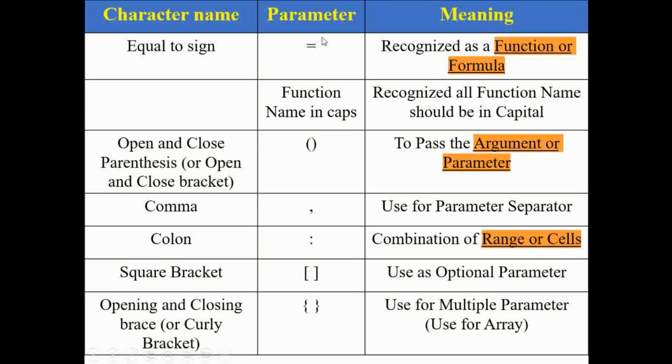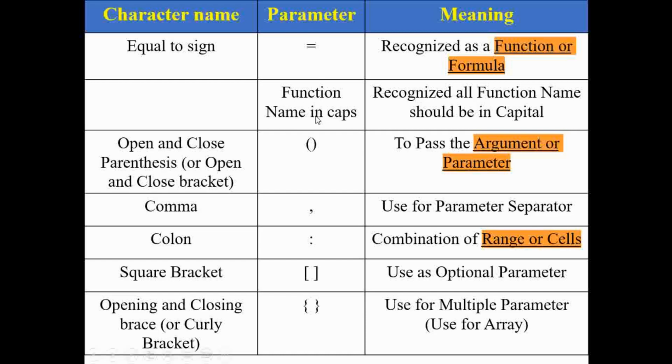In a particular syntax, if you observe, it has some components. The very first is the equal to sign, which has its character name and a particular meaning. The equal to sign means the entry is recognized as a function or formula. When you enter the equal to sign in an Excel cell, it is recognized that a function or formula is going to be used after it. Then the second thing is the function name in caps.